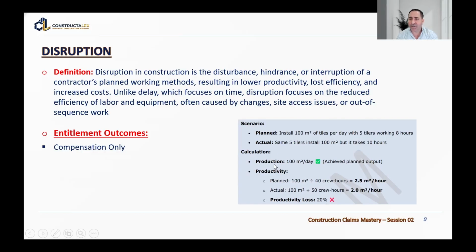So the calculation: the original planned productivity is 100 square meters per day. The productivity is 100 square meters divided by 40 hours, because I have 5 people multiplied by 8 hours per day. So the planned productivity is 2.5 square meters per hour.